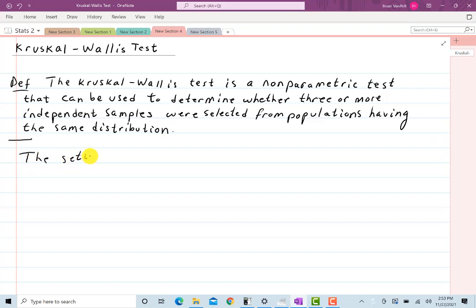The setup takes the following format: H sub 0 and H sub A. H sub 0 would be something like all of the populations have the same distribution.